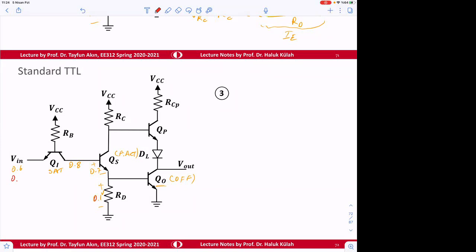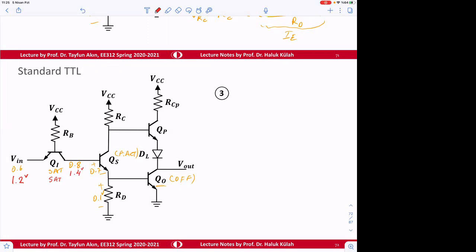The other extreme is when the input becomes 1.2 volt. This will still be in SAT, and then this becomes 1.4 volts.